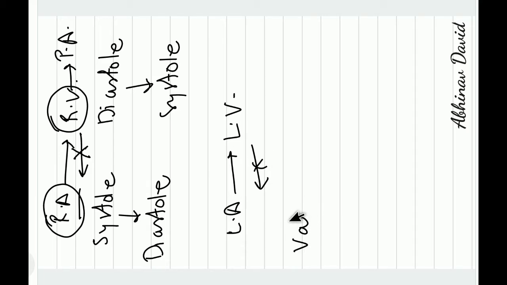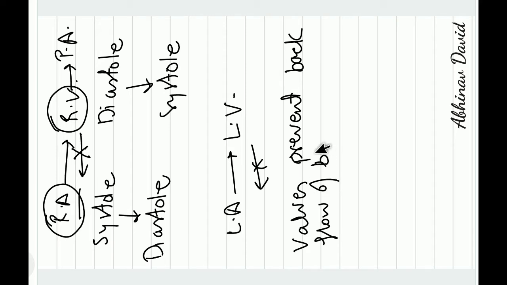So what do these valves do? Valves prevent backflow of blood from the ventricle to the auricle. Wherever valves are present, they prevent the backflow of blood. They only allow the blood to flow in one direction.